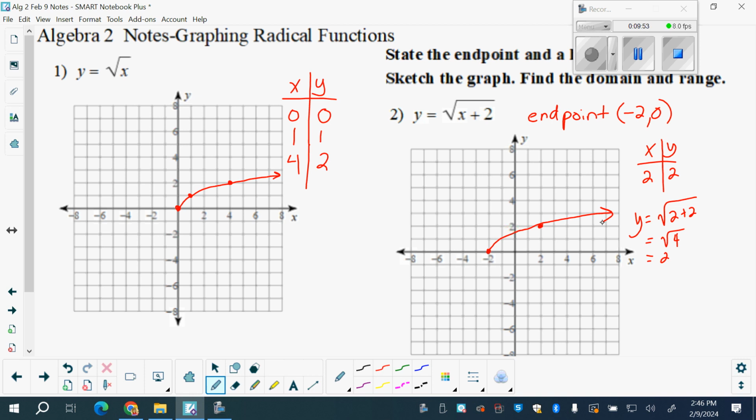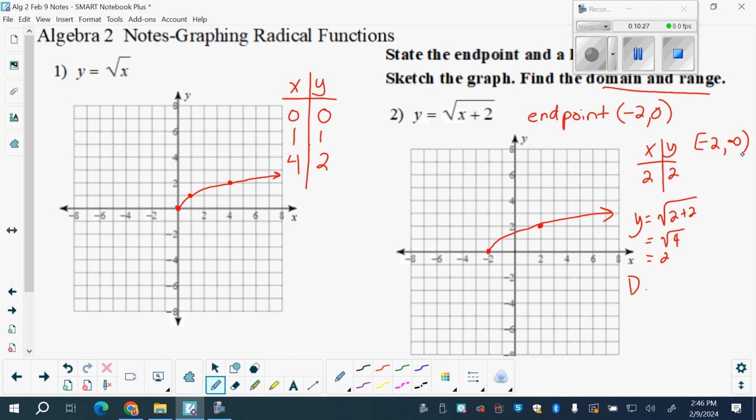Okay, we're going to find the domain and range. So what would the domain of this graph be? If we did it in interval notation, -2, infinity. I'm going to do it in inequality notation just because on the homework tonight, the answer key has it in inequality notation, to be consistent.